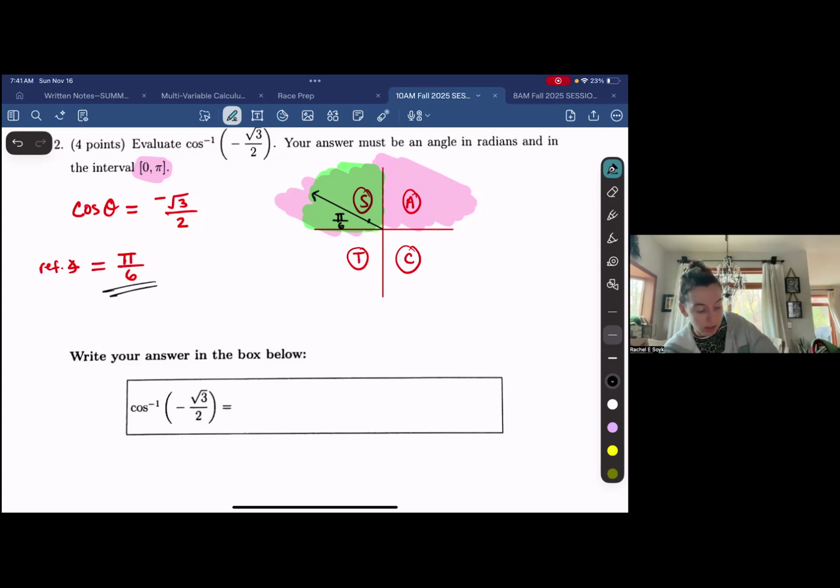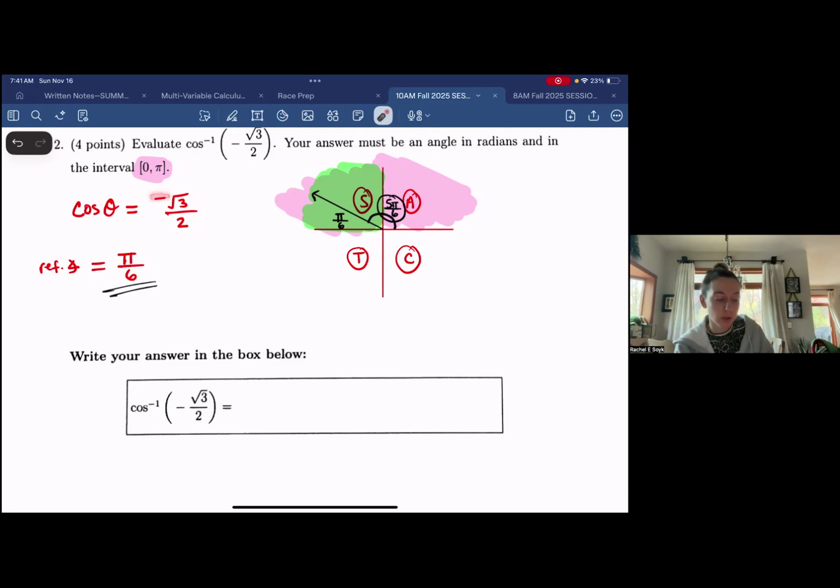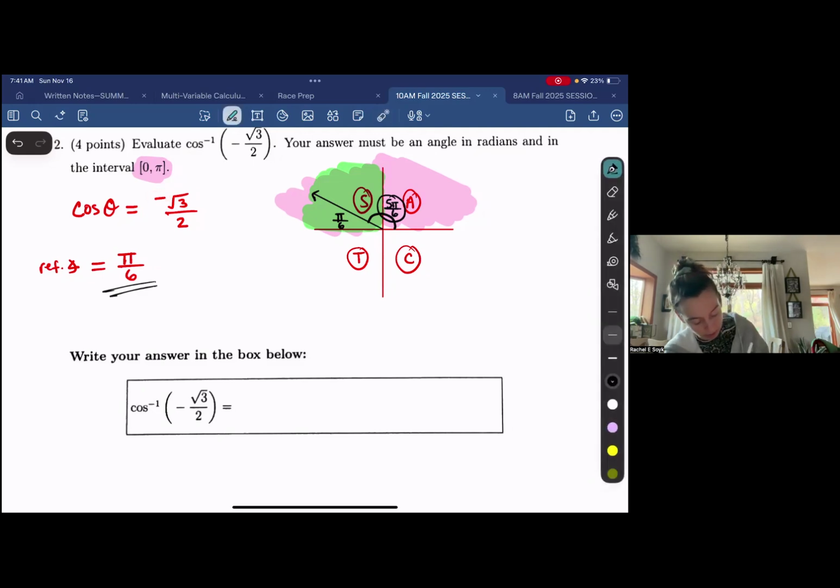And so that means that the angle we are looking at is pi minus pi over 6, which gives us 5 pi over 6 to be our answer. So cosine of 5 pi over 6 will indeed give us the negative square root of 3 over 2. And that's it, right?